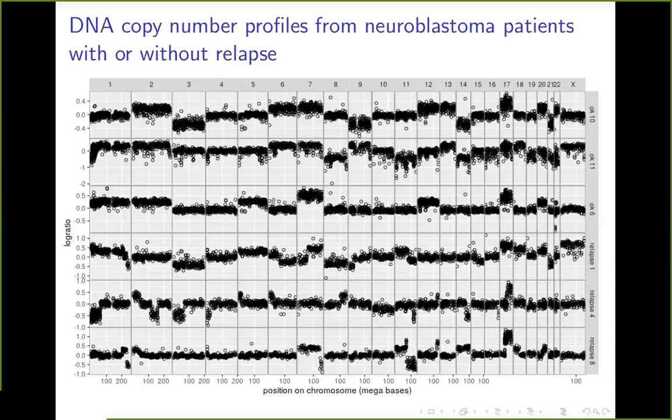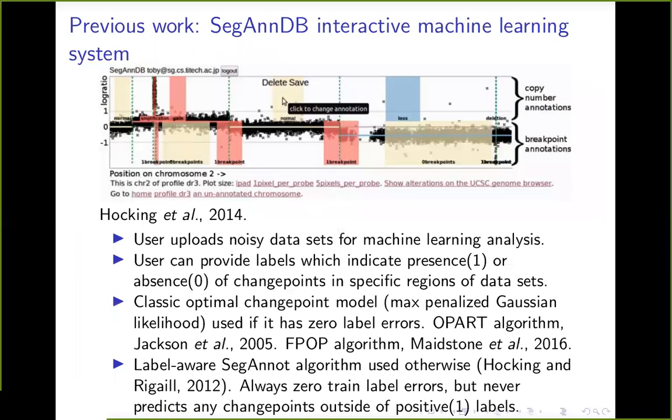Sounds good. Going on, in previous work we proposed this SegAnDB interactive machine learning system. Here's figure 1 from my paper in 2014. In this system, the user uploads a bunch of noisy data sets like the one we were just looking at for machine learning analysis. But the user can also provide labels which indicate presence or absence of change points in specific regions of data sets.